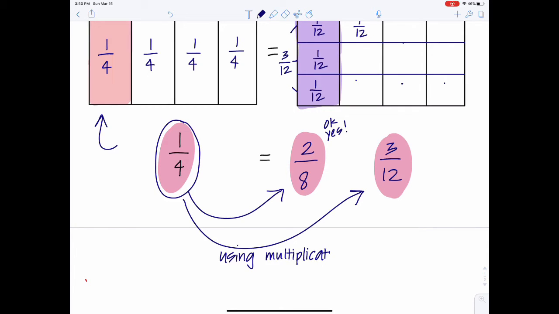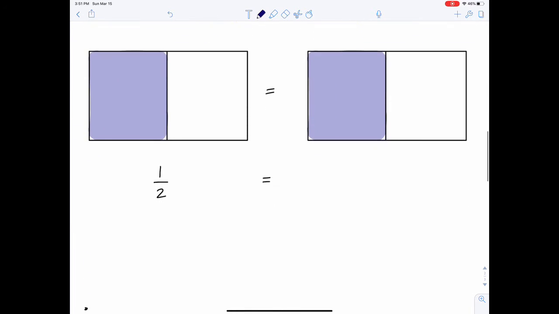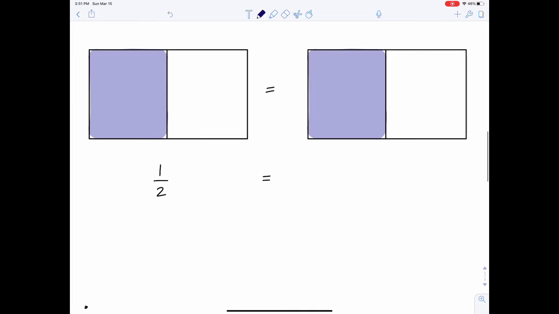Now we're going to try to use multiplication today to find our equivalent fractions. It's much easier than what you might think if you're able to really understand your multiplication table. So we're going to start with something simple such as 1/2. And to find the equivalent fraction of 1/2 by using multiplication, we know obviously that 1/2 is equal to 1/2.